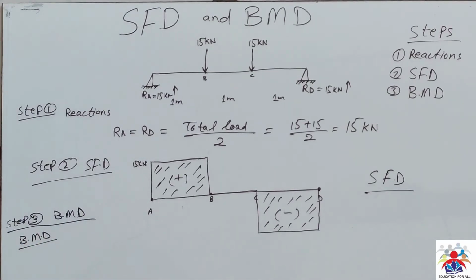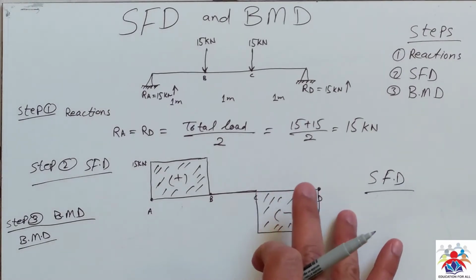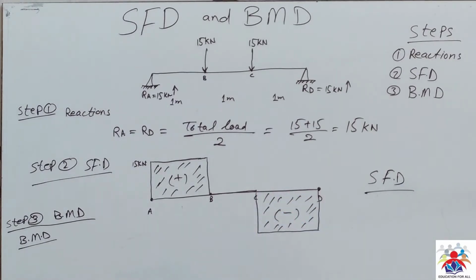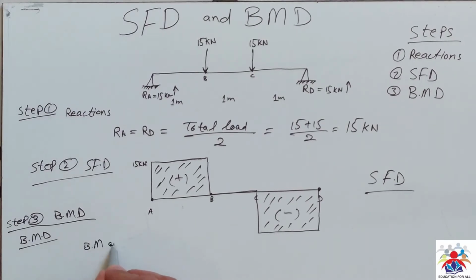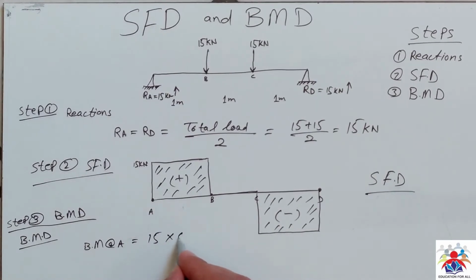First of all, we have to calculate the values. It is understood that in a bending moment diagram, our first and last ends should be 0. Let me prove it by calculating the values. The bending moment at point A is equal to 15 multiplied by 0.